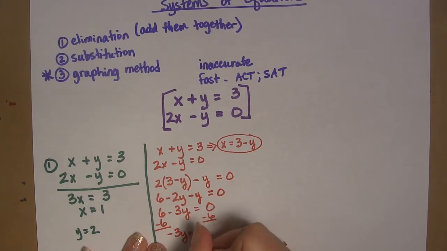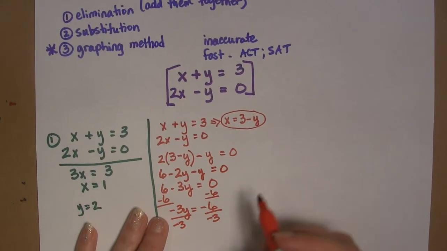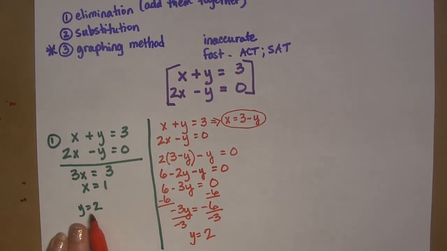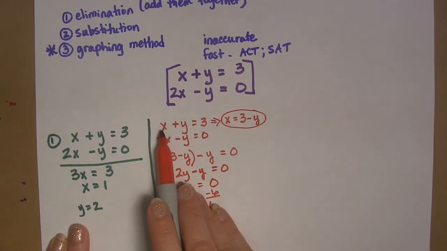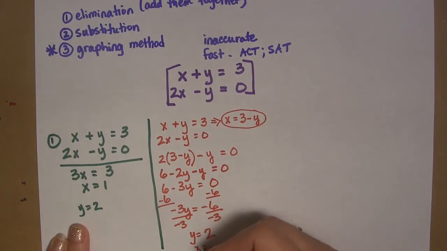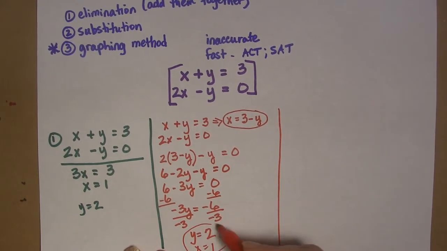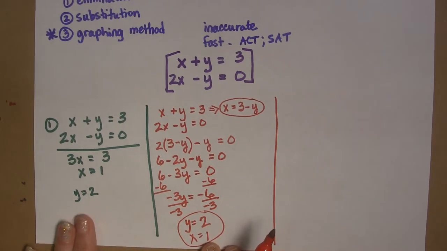Negative 3Y equals negative 6. Divide by negative 3, and we get Y equals 2, which is the exact same thing that we got there. And if we look at our first equation, if Y is 2, then X has to be 1, right? Exact same answer as here, but a different way to approach it.